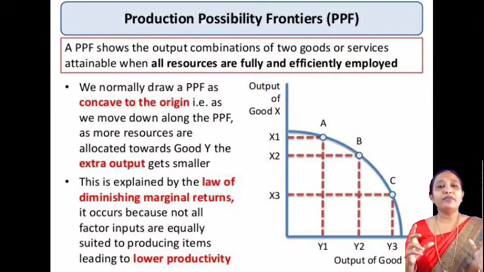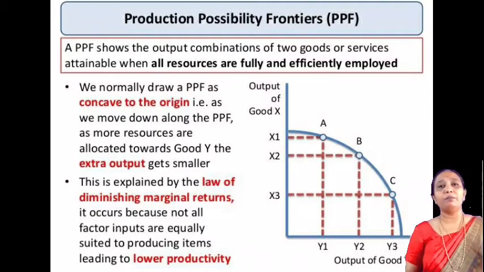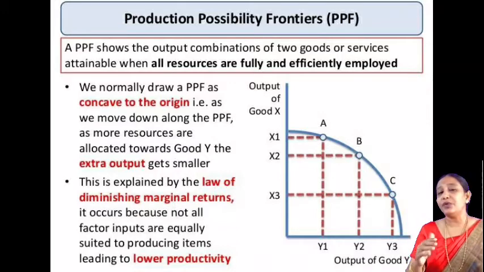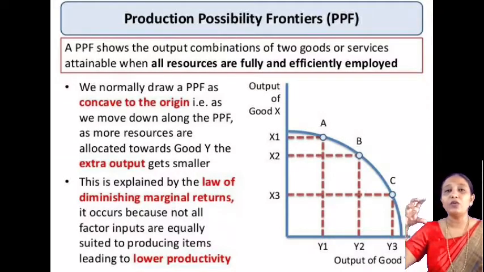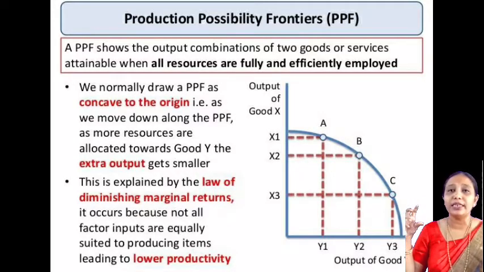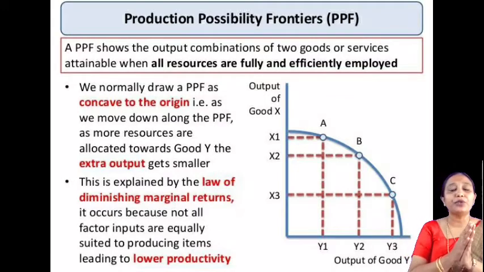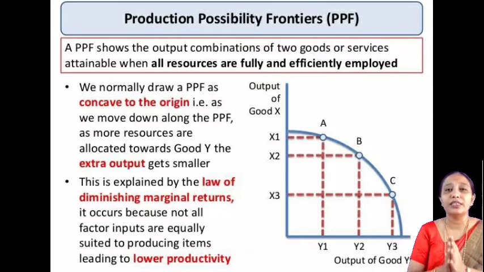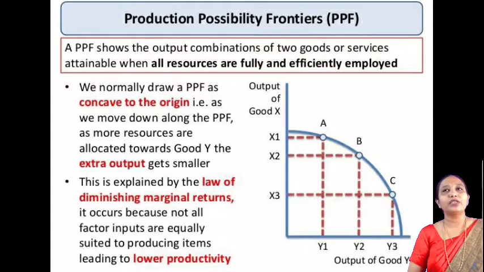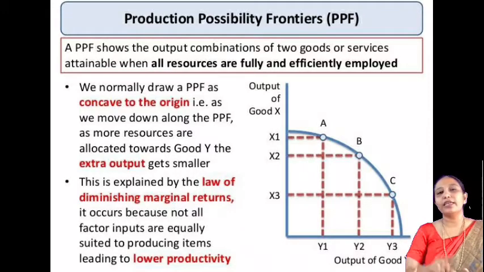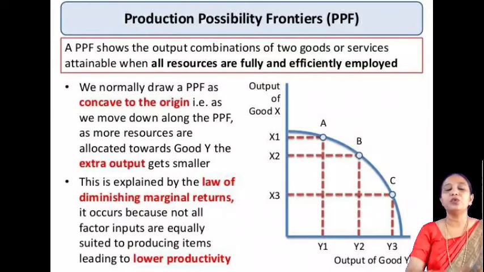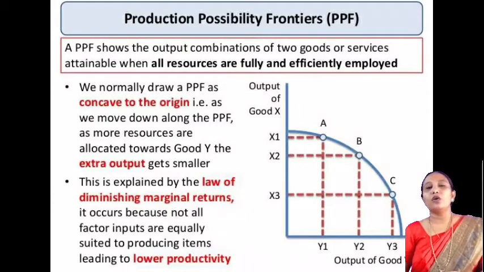That is why we say 3 guns is to 1 butter, like that. So to have all the combinations of the two goods, a major transformation of the goods is necessary to the maximum extent. Hence it is always a concave shaped curve. Concave, you know how a lens is. So the curve of this PPF will also always be in a concave shape.